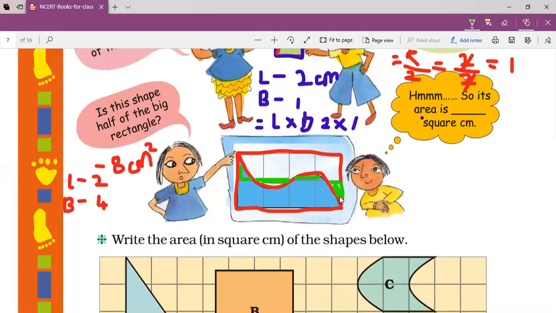This whole area, if we put here and here, will it become half of that rectangle? Yes, it will be half of that rectangle.